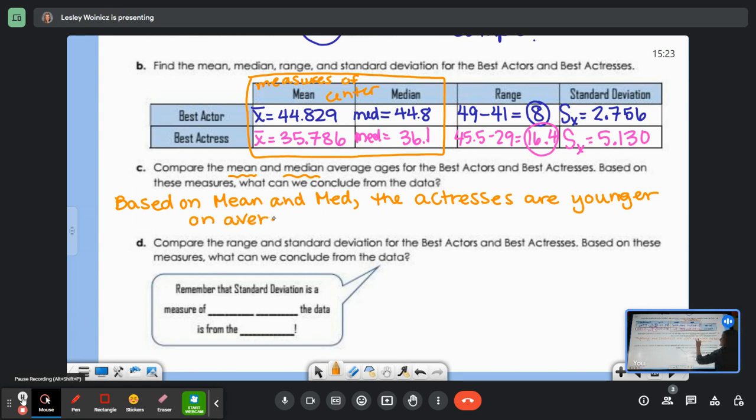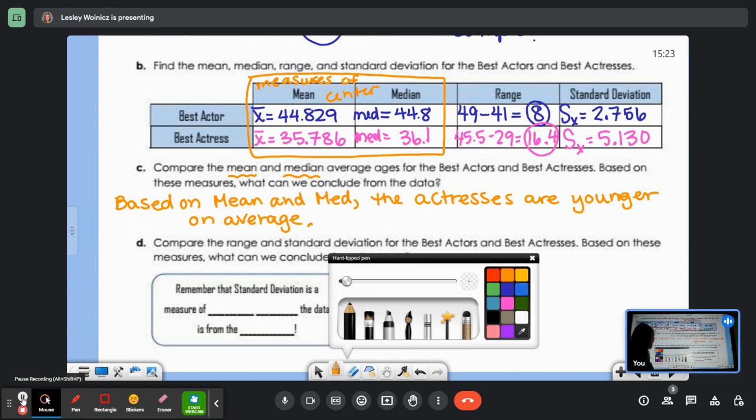That doesn't mean that every single one of them is younger than all of the guys, right? It's just on average, they're younger. Period.